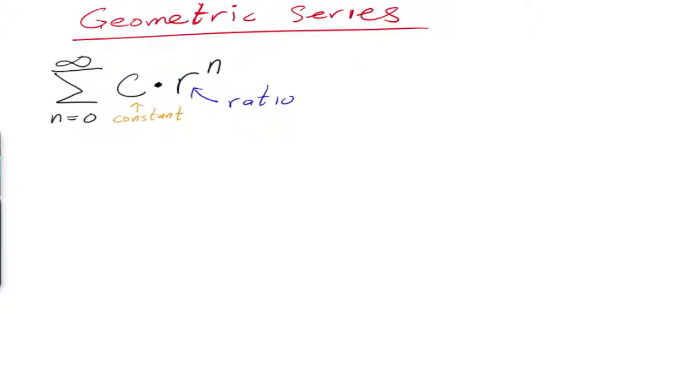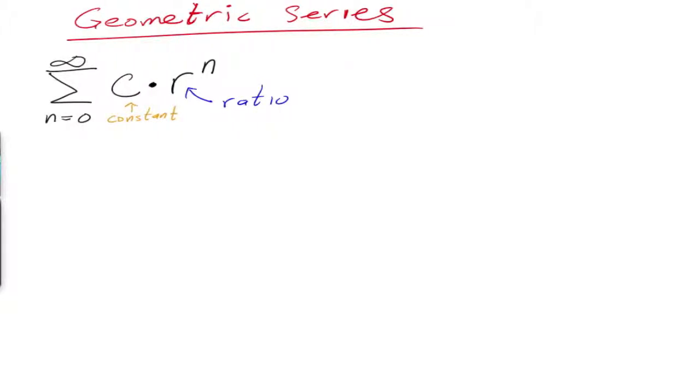So geometric series. The question is, does it converge? When does it converge? What does it converge to? Any ideas? What do you notice just by looking at it? What does your gut tell you? What's the ratio? Well, it's a number. That's what it's called, but it represents a number.